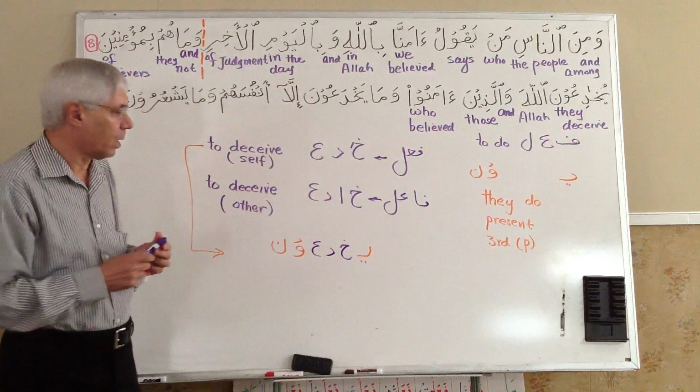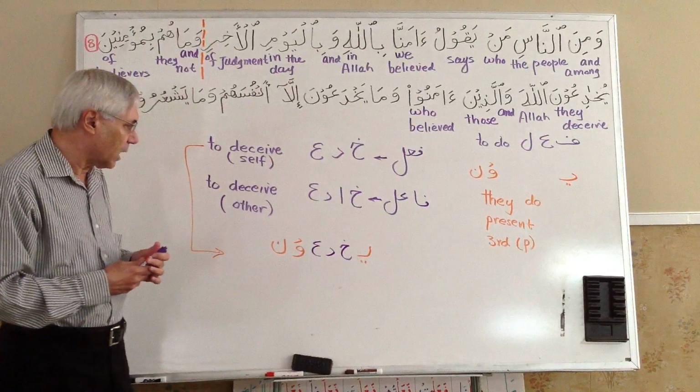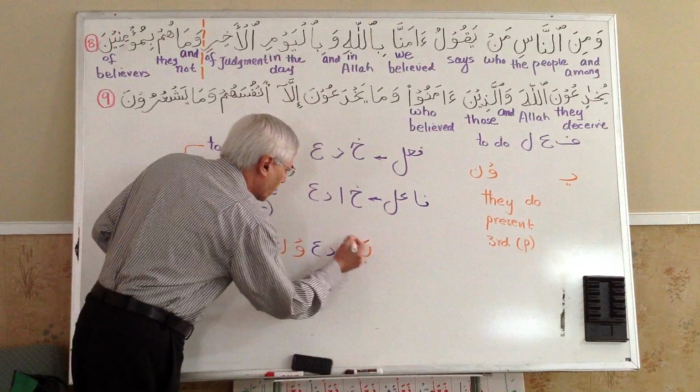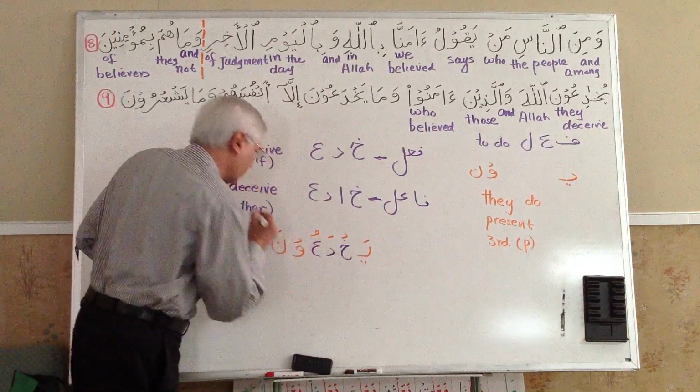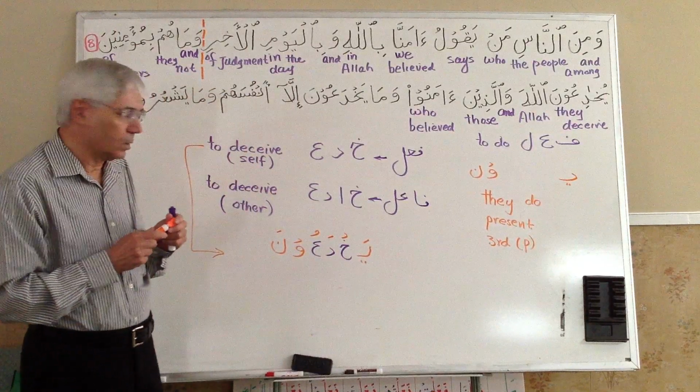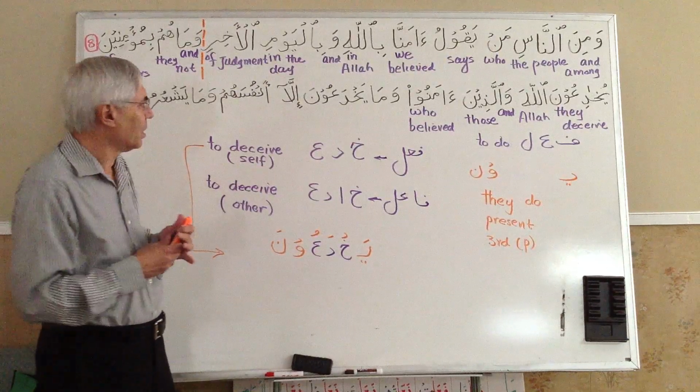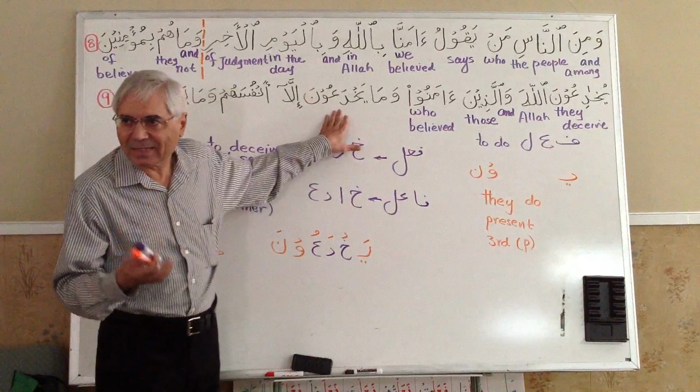Okay? Ha, dal and ain. So this becomes yakhda'una. The meaning is that they are deceiving. Yakhda'una means they are deceiving.